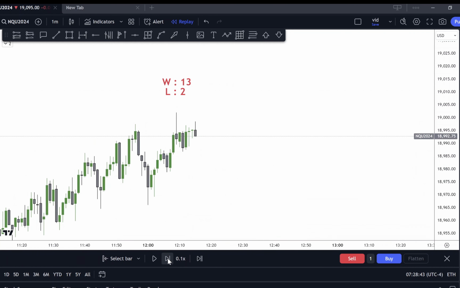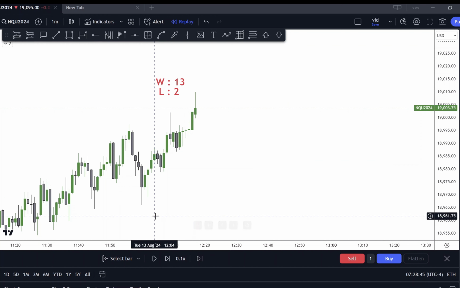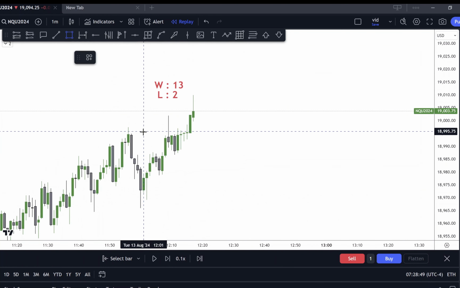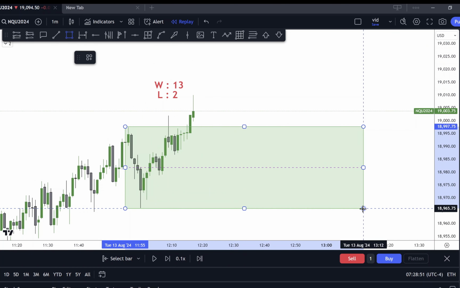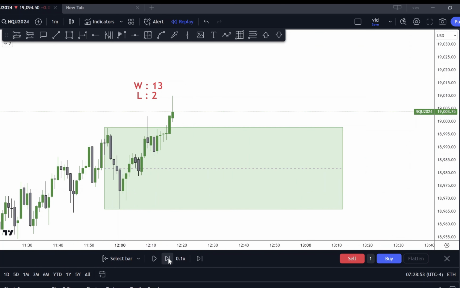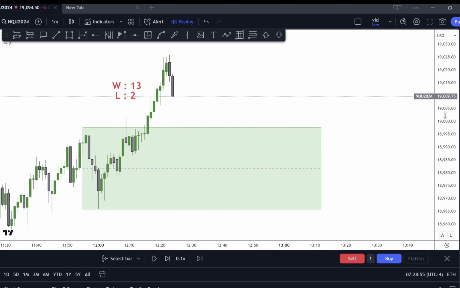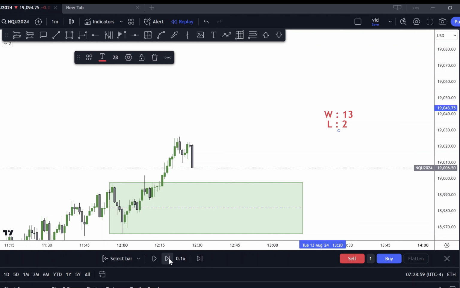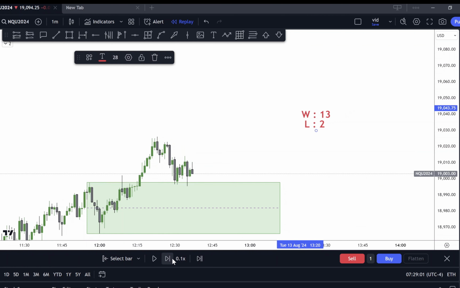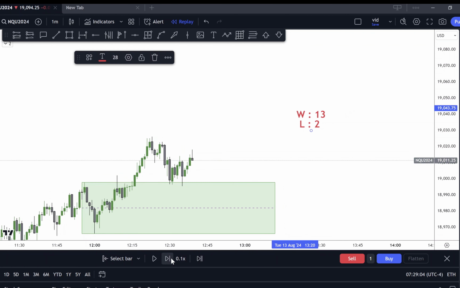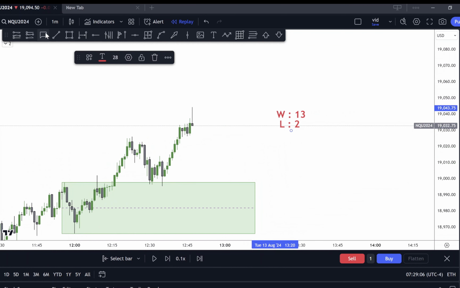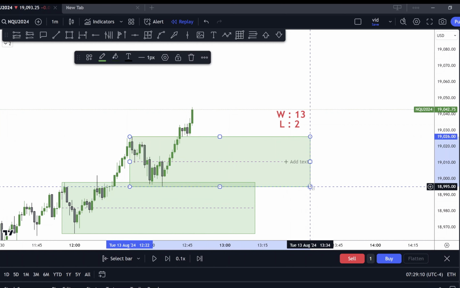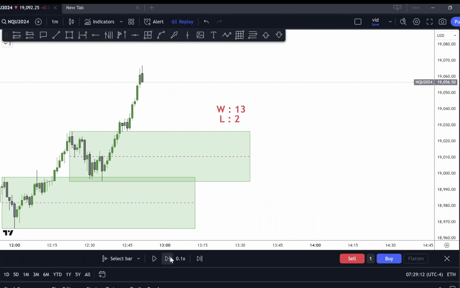So we closed above this, okay? So this was now our new zone. They didn't mitigate this 50%, so this is now our new zone, okay?